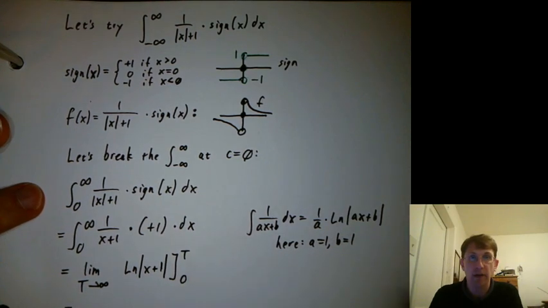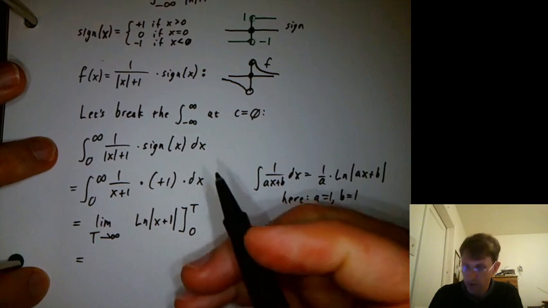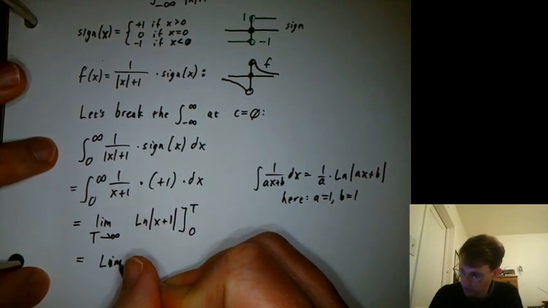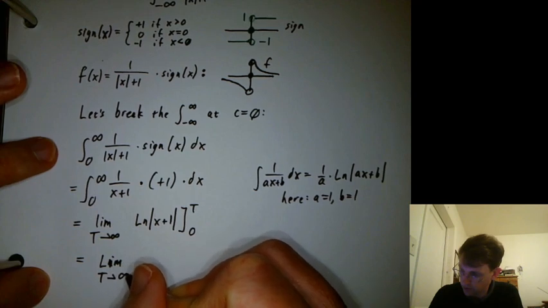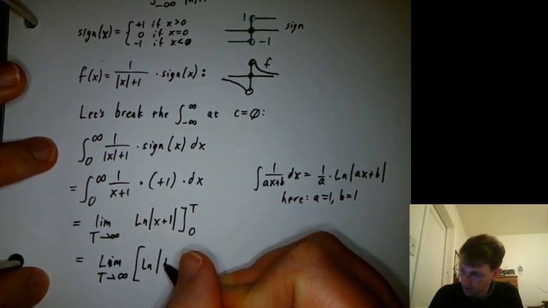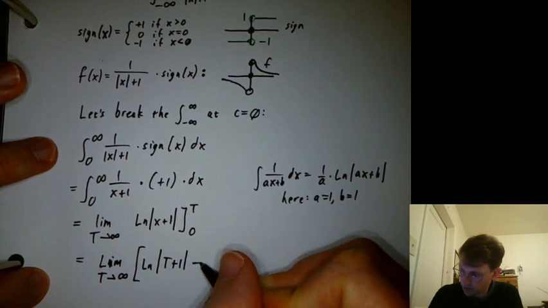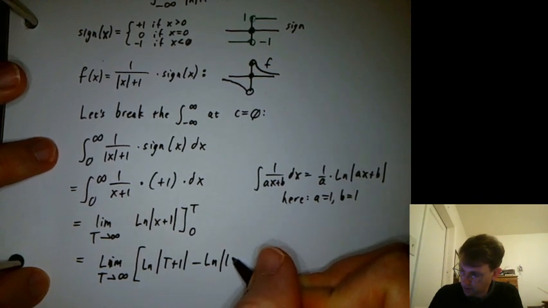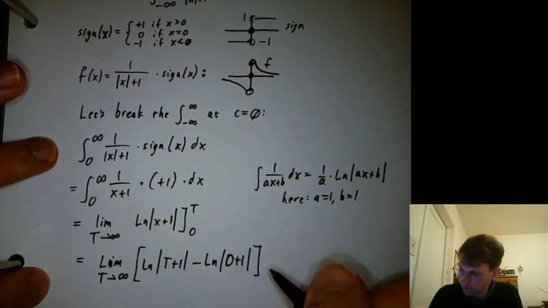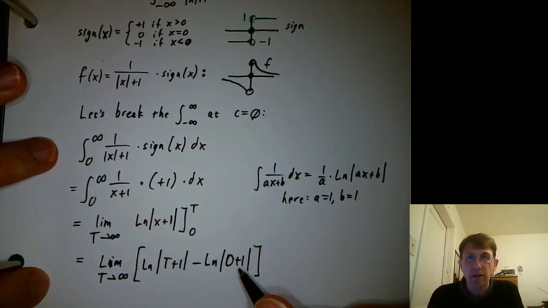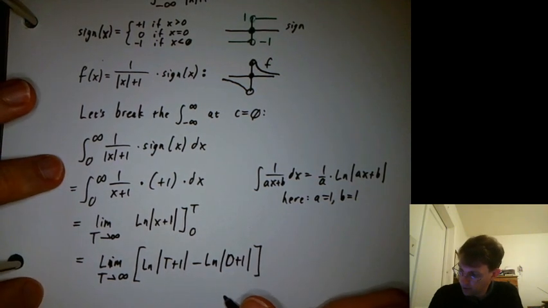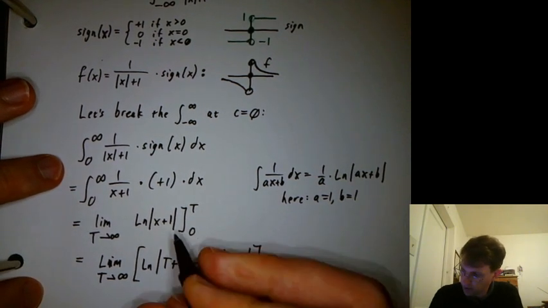And what is that? That would be the limit as T goes to infinity of log T plus 1 minus log 0 plus 1. What is log 0 plus 1? That's log 1. Log 1 is 0. So we get a 0 there.